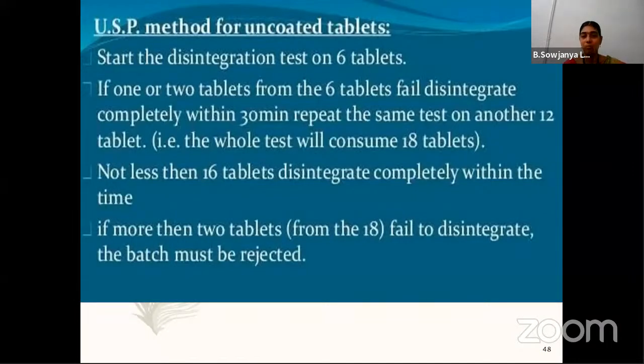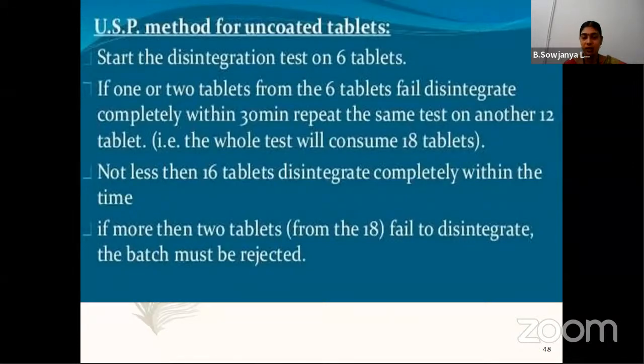If we take 6 tablets, and among them 1 or 2 tablets fail, that is, are not within the limits, the whole test will consume a total of 18 tablets, so the test is repeated. Of the total 18 tablets, not less than 16 tablets must disintegrate completely within 30 minutes for uncoated tablets.